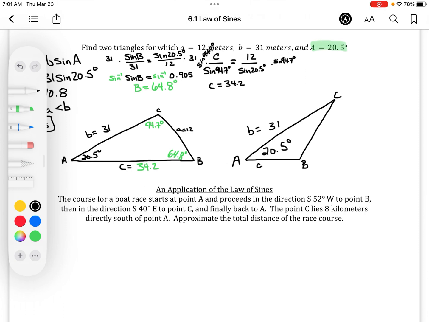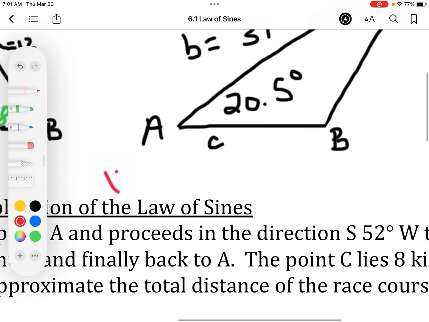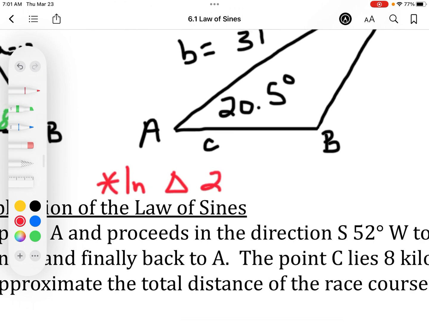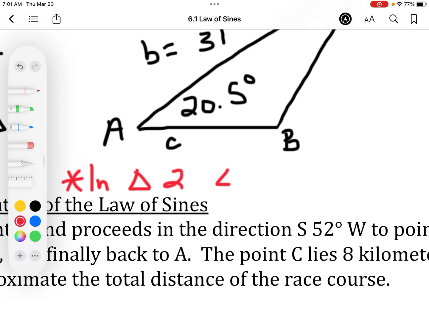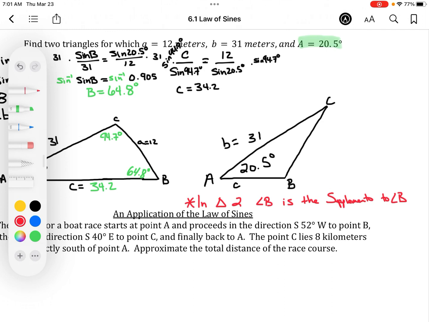And we are going to use some information from our first triangle. And the information that we can always use is this. Put it in red. In triangle 2, angle B is the supplement to B in the other triangle.